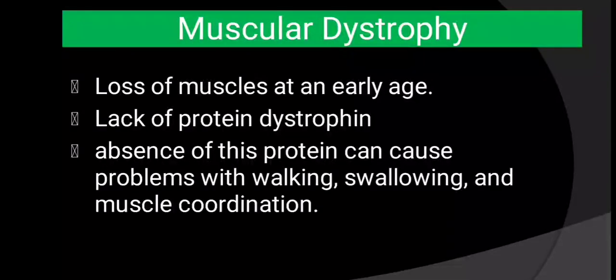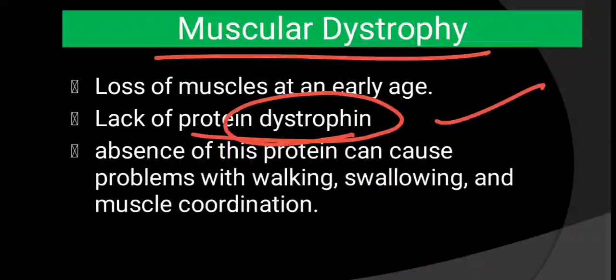Next disease is muscular dystrophy. This is caused due to the lack of the protein dystrophin. Learn the name of the protein. Due to the lack of this protein, this disease occurs, and in this disease there is a deterioration of muscles at an early age, or we can say there is a loss of muscles.